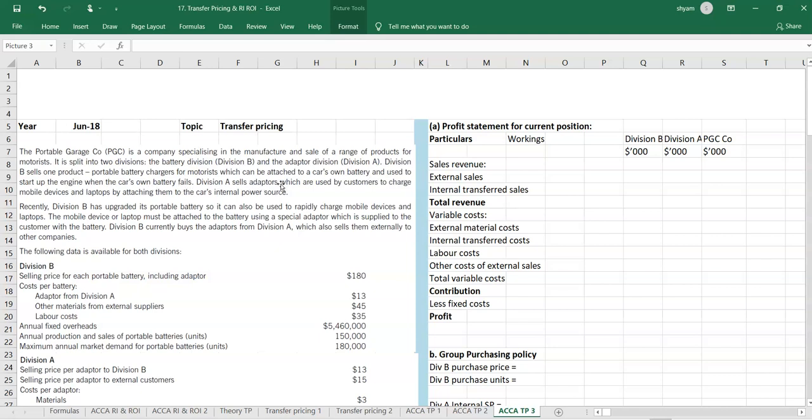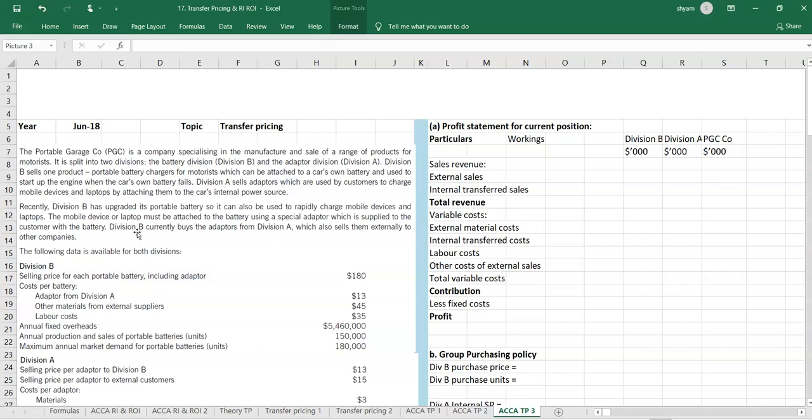Division A sells adapters which are used by customers to charge mobile devices and laptops by attaching them to the car's internal power source. Recently, Division B has upgraded its portable battery so it can also be used to rapidly charge mobile devices and laptops. The mobile device or laptop must be attached to the battery using a special adapter which is supplied to the customer with the battery. So Division B buys the adapters from Division A. So that's the concept here.